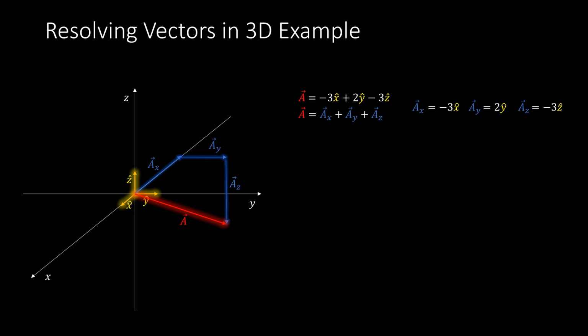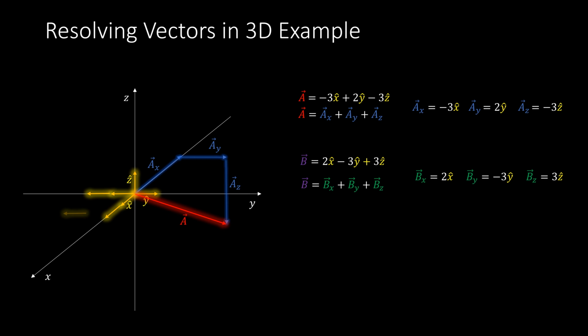Now let's introduce vector B in component form. Similarly, we have component vectors B_x, which is 2 x roof vectors, B_y is 3 minus y roof vectors, and B_z is 3 z roof vectors.